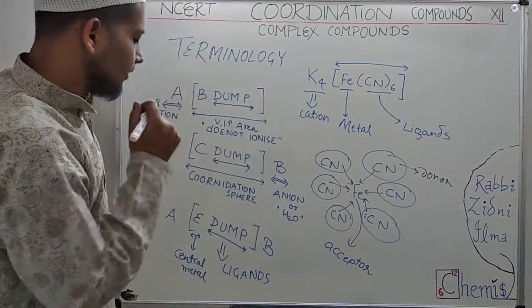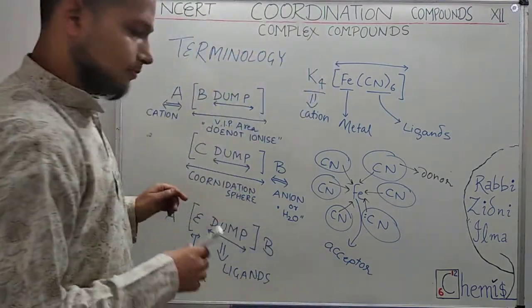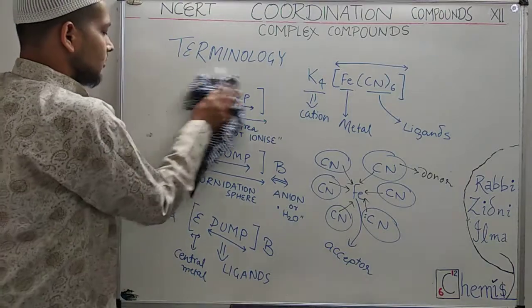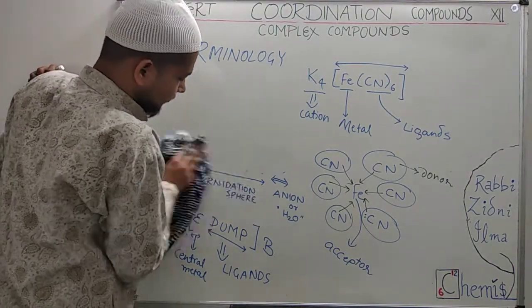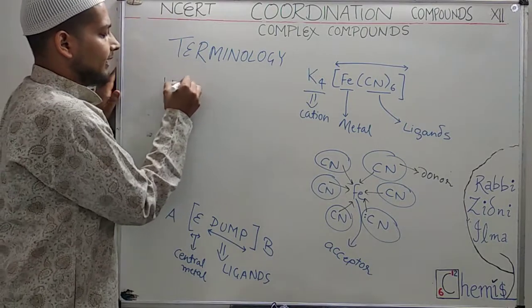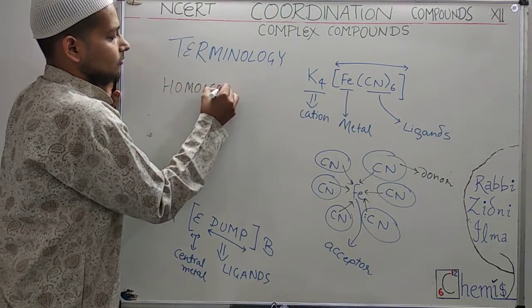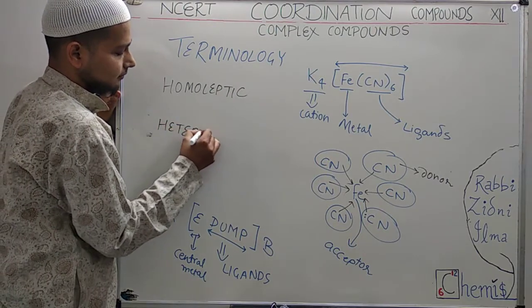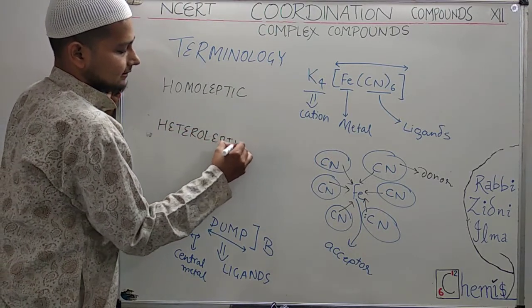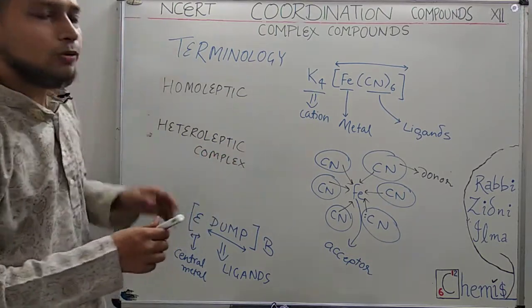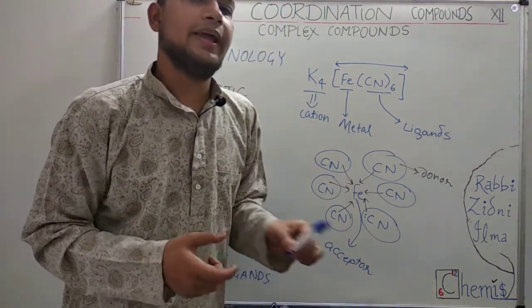Now, one more term I would like to discuss before ending this video, a term used frequently in this chapter: homoleptic and heteroleptic complex. What is a homoleptic complex? What is a heteroleptic complex?